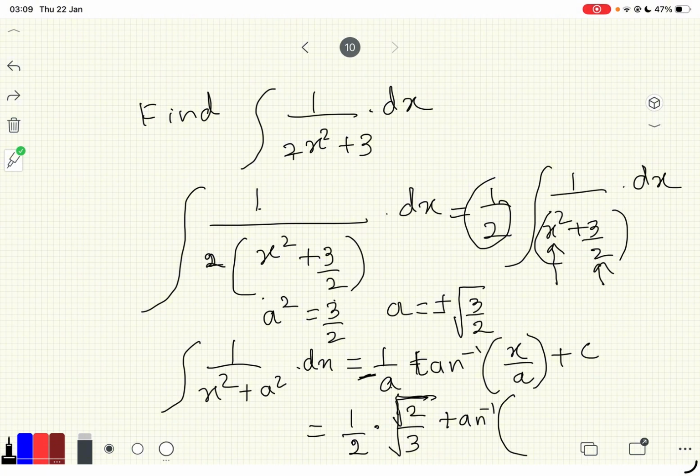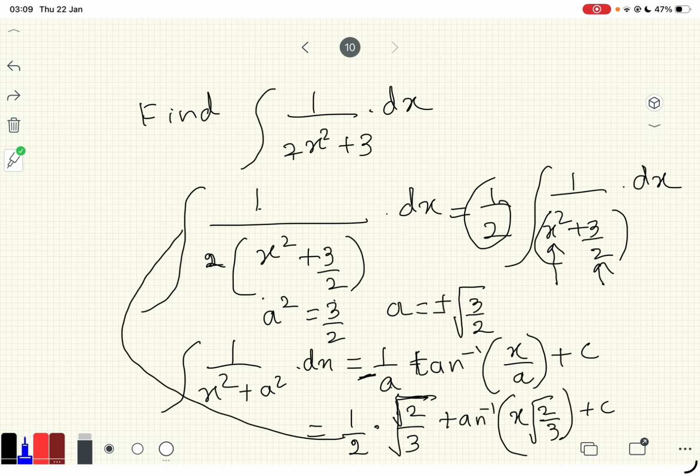So if you write it in the reciprocal form, it should be x into root 2 by 3 plus c. So if you know this, your final answer would be, let me write the answer here.